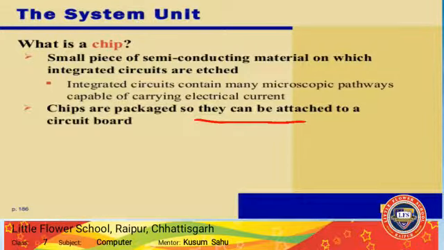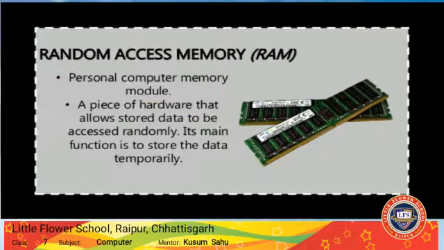Now come to the next, the two important chips present in the computer, RAM and ROM. First we will know the RAM chip, that is the random access memory chip. It is a piece of hardware that allows us to store data to be accessed randomly.